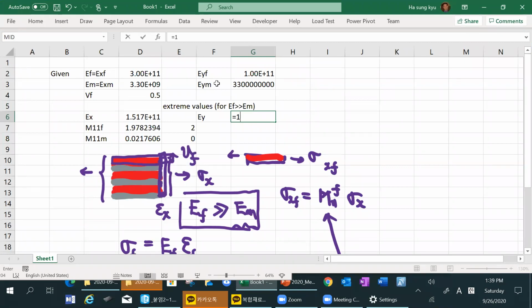So this will be 1 over VF divided by, now here, when we calculate, you need to use this one, plus 1 minus VF divided by EYM.